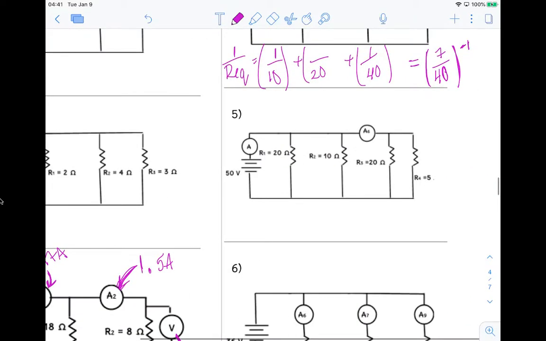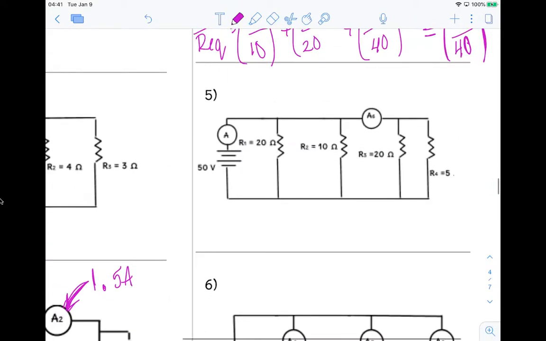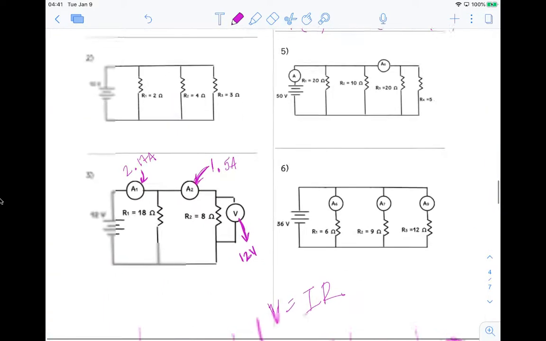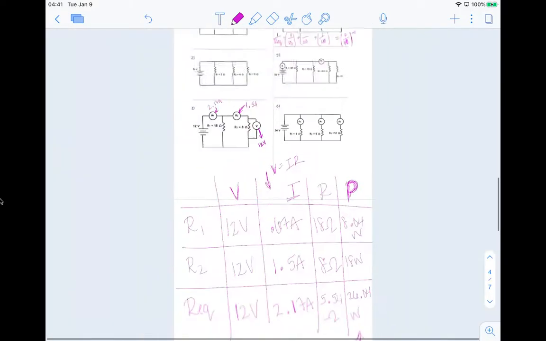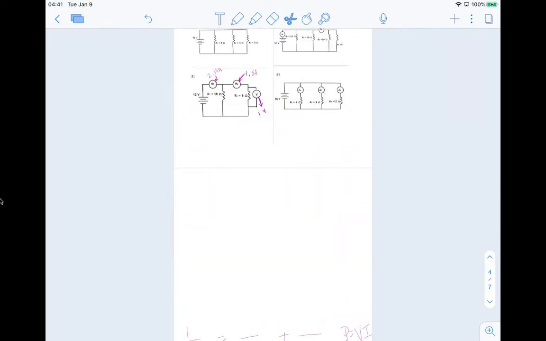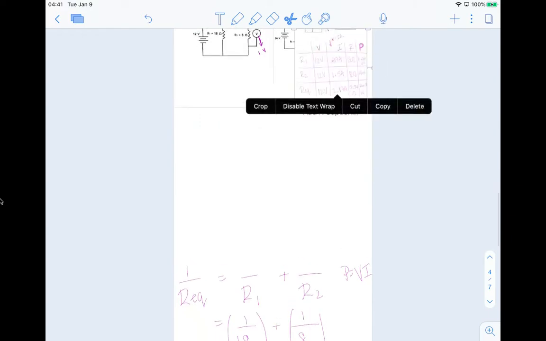If we look at number 5, again, we have a parallel circuit. We have all of these different ammeters placed here. So let's go through and create our circuit VIR chart. Let's get rid of some of this information down here.